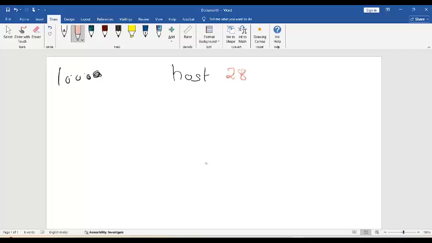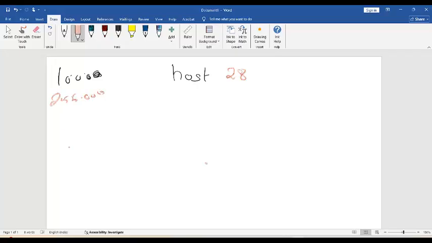So I want to have 28 in case 1 or 2 get added in 1 or 2 departments. So this is the information based on which we need to do subnetting. Did you understand? Yes, sir.